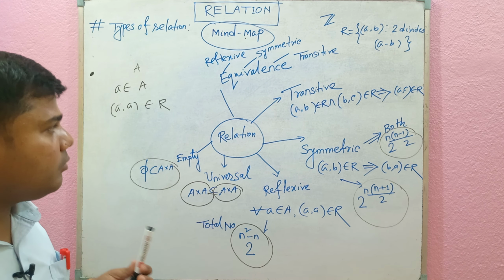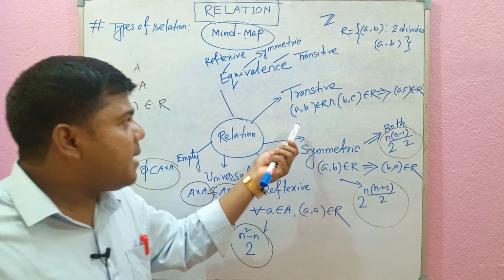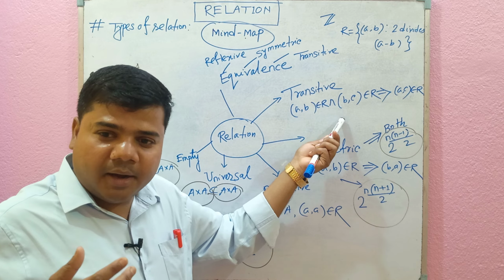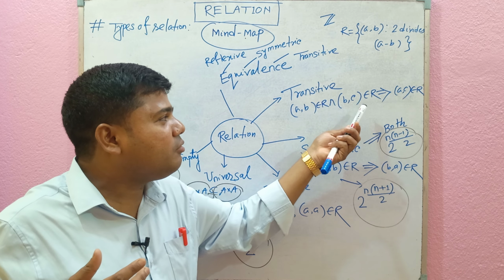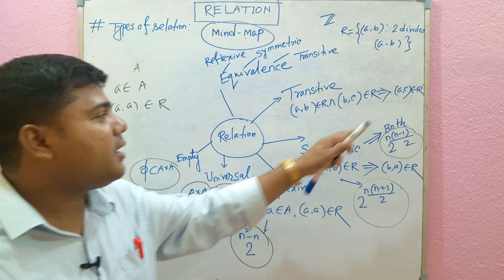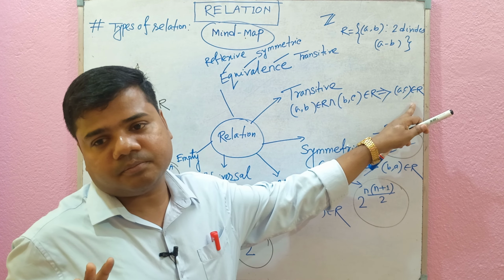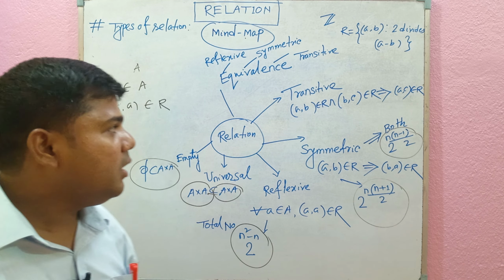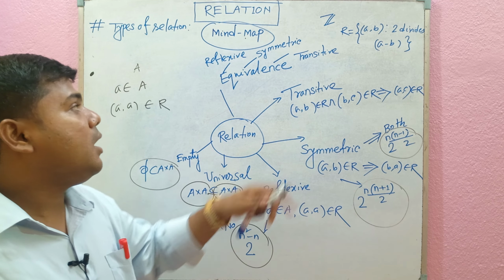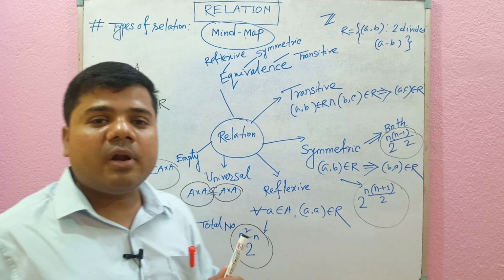Transitive relation. A transitive relation is a type of relation where (a,b) belongs to R and (b,c) belongs to R implies that (a,c) belongs to R. This relation is said to be a transitive relation. What is an equivalence relation?